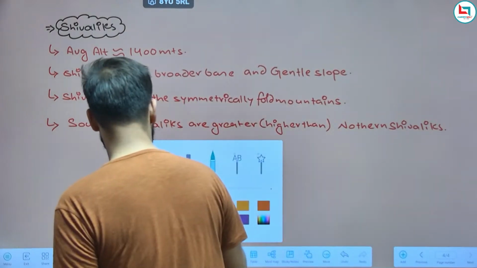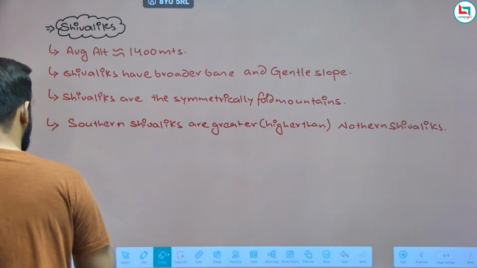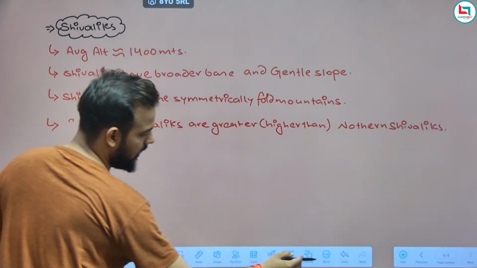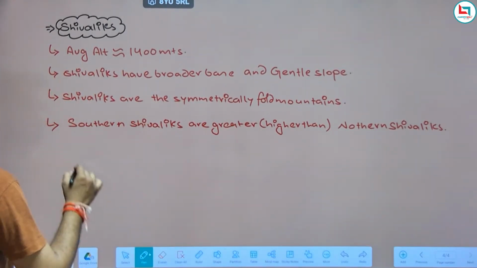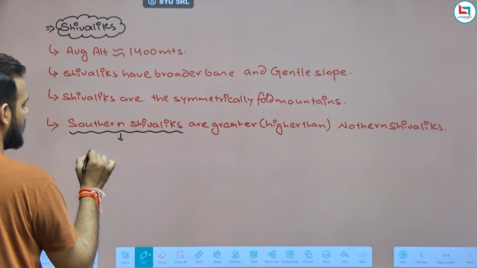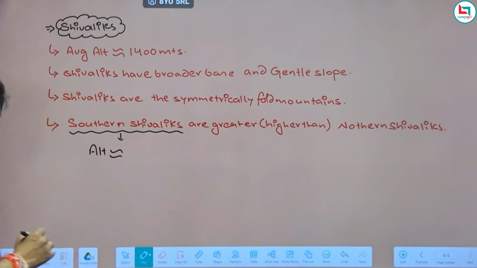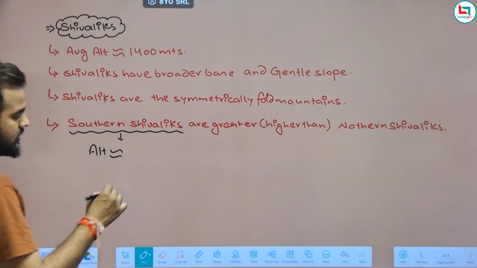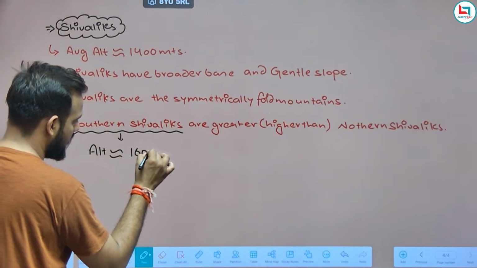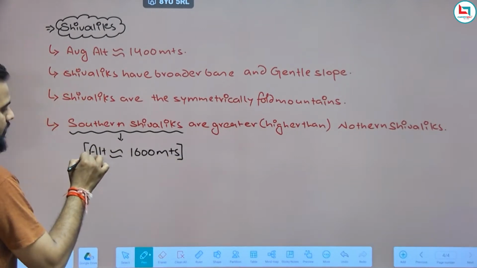When we talk about the height of the Shivaliks, remember one thing, the average altitude of the southern Shivaliks is around 1600 meters. Okay.